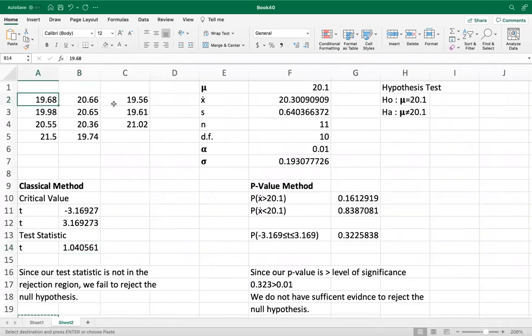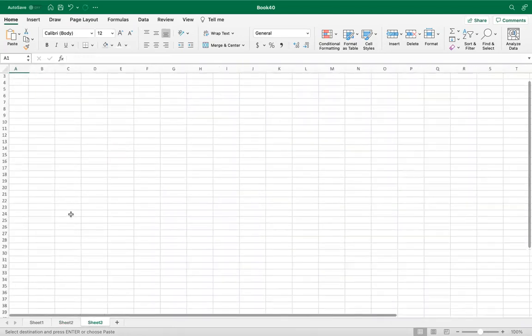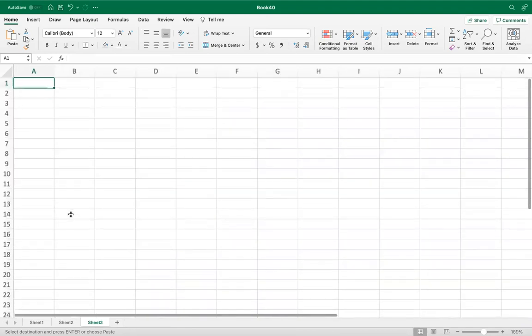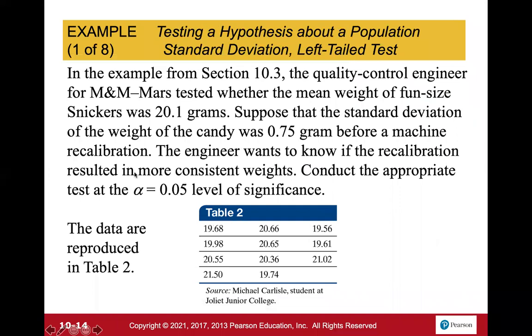So what we'll do instead is just take a copy of this and take it to a new sheet. Things are going to be just a little bit different, like alpha is equal to 0.05. The mean weight of the fun size Snickers was 20 grams.